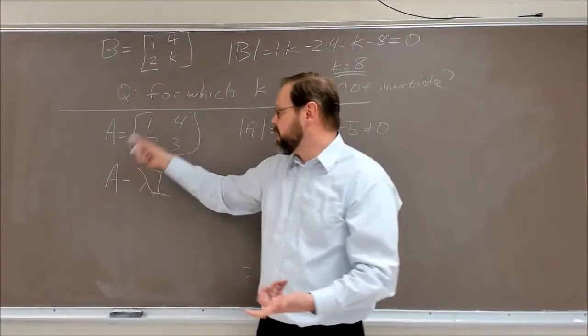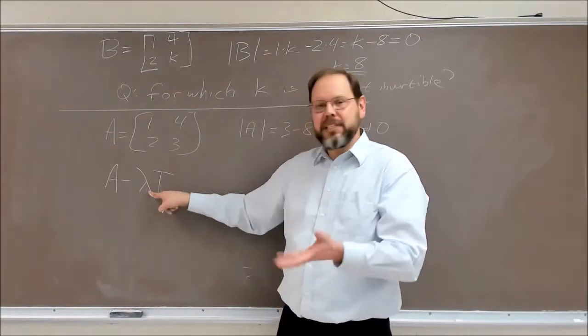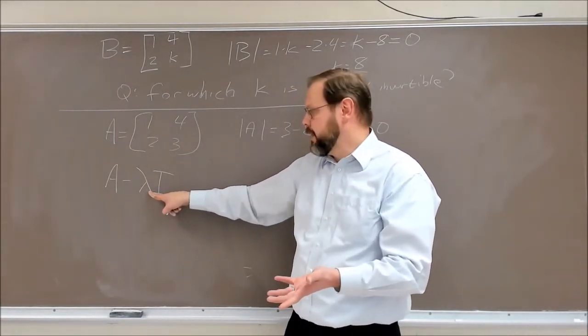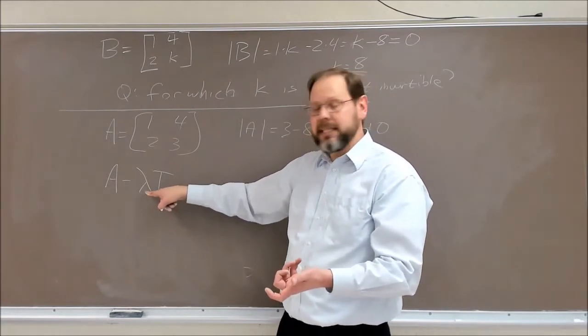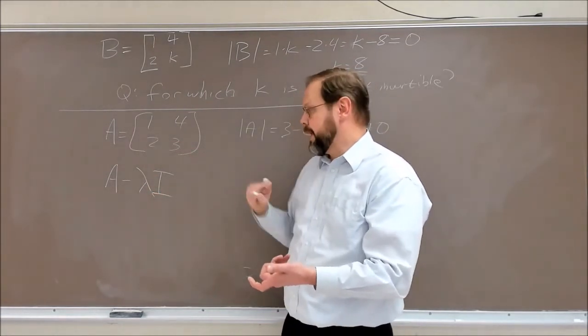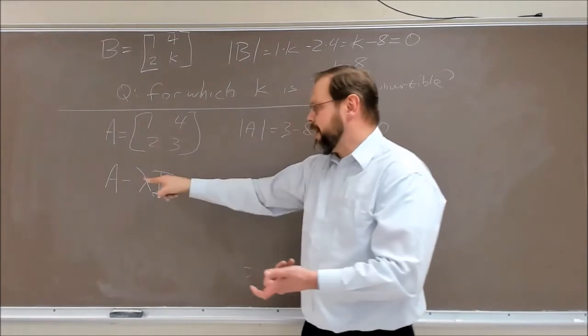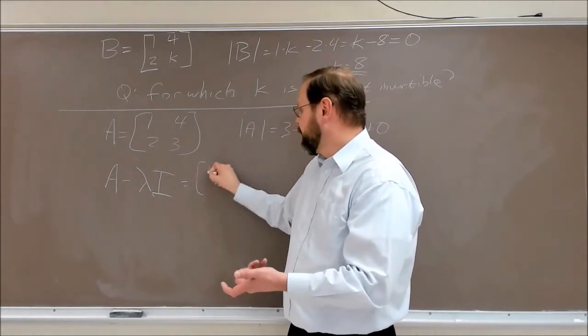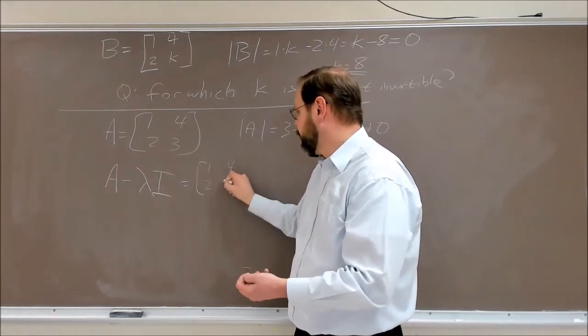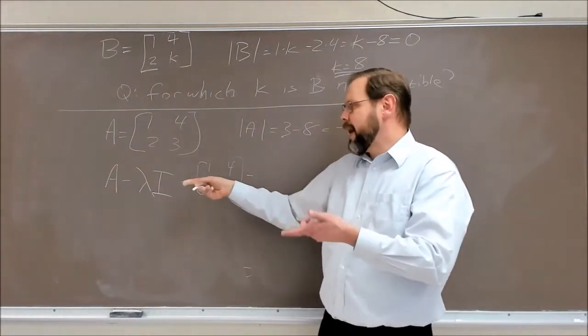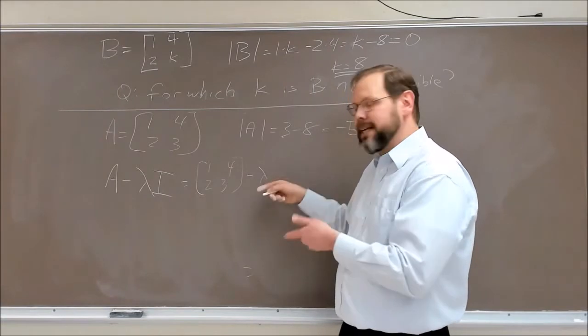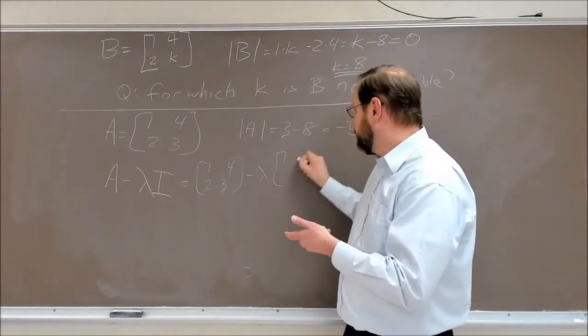A is just this matrix here, and lambda is just a scalar. I'm just not going to tell you which scalar it is right now. If lambda is equal to 0, then it's just this matrix right here. And if I think about it, A minus lambda I would be my 1, 4, 2, 3 minus lambda times 1, 0, 0, 1.